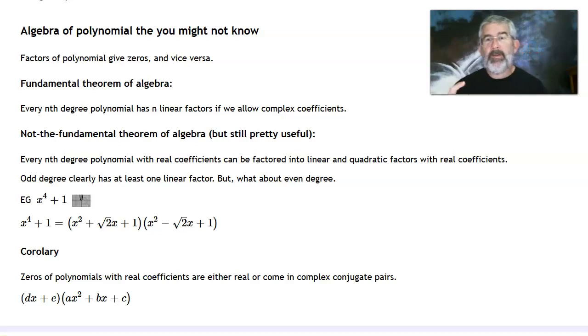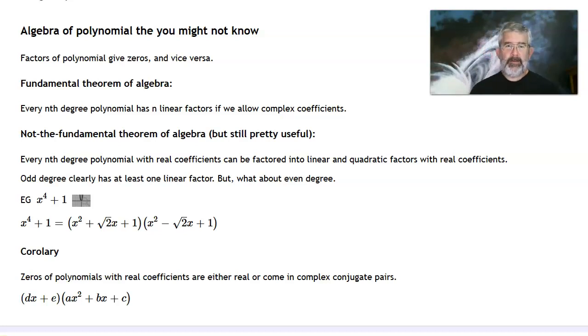Now, there's another theorem, which is not the fundamental theorem of calculus, but it's still pretty useful for what we're going to be working with. If I don't allow complex numbers, so I have polynomials with real coefficients, I can always factor it into linear and quadratic factors. I never get stuck with an unfactorable cubic or an unfactorable fourth degree; they always factor into at least quadratics, if not linear.